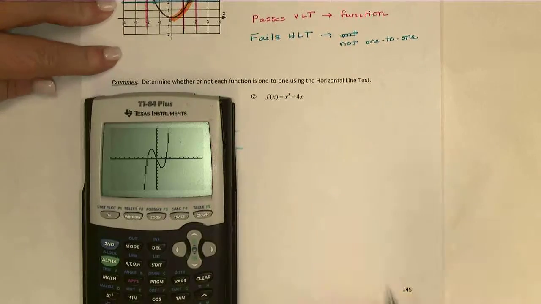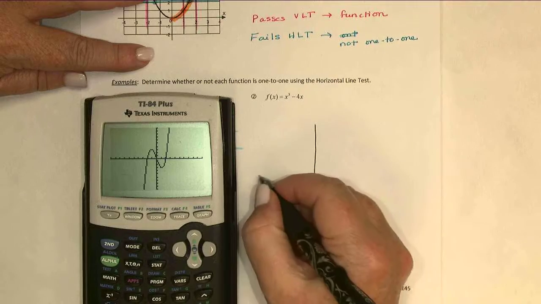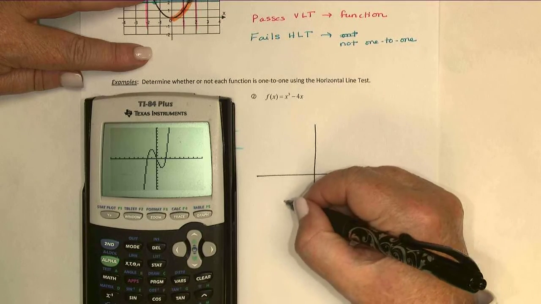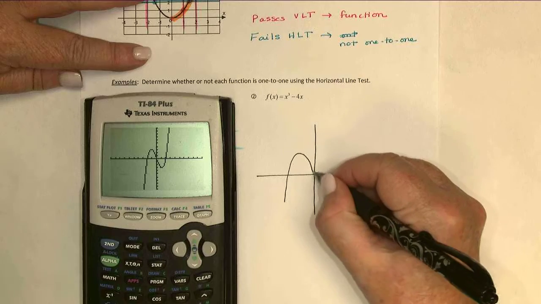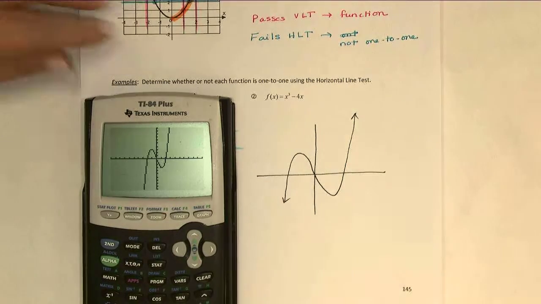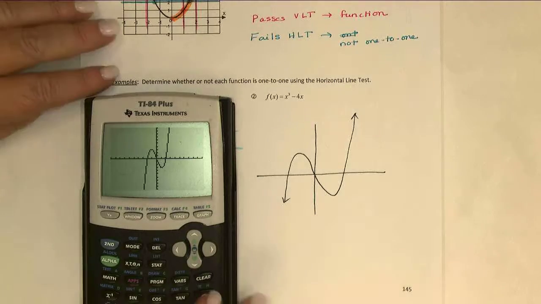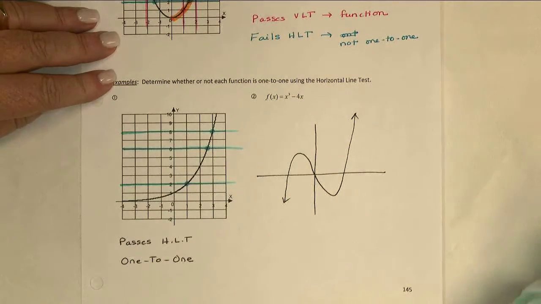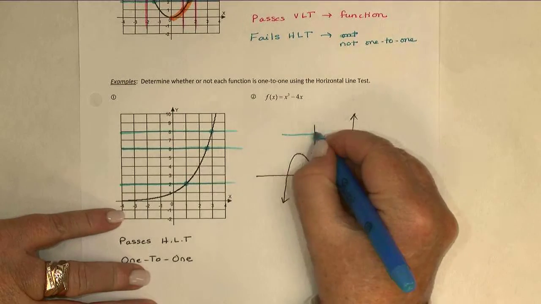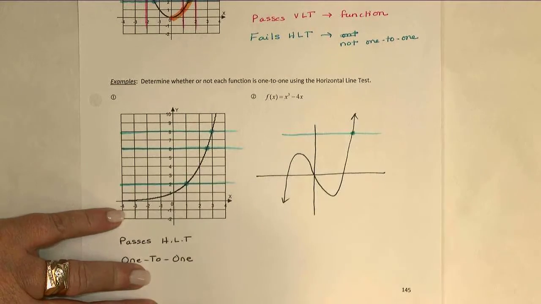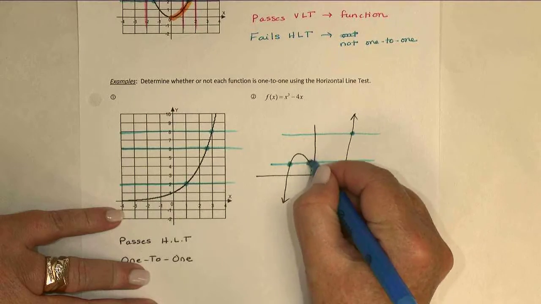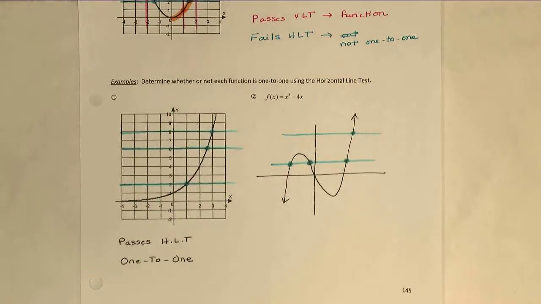I'm just going to sketch this so I can make that a little bit more clear in my notes. I'm seeing something that looks kind of like this. And although there are horizontal lines that only hit once, there are also many, many lines that are going to cross that graph several times.